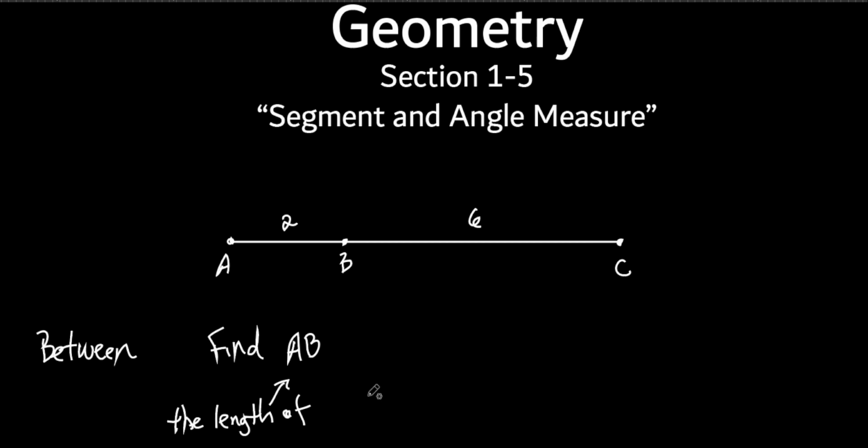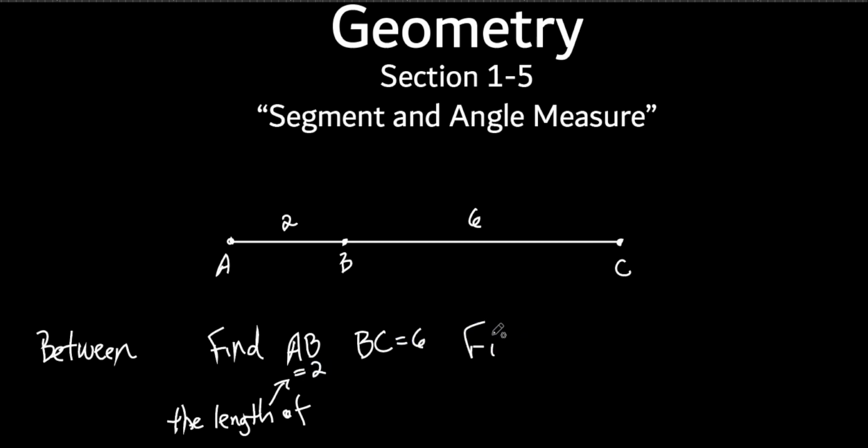So what if they said find the length of line segment BC? 6. It's a 6. I said it was a 6 when I wrote it. So the length of AB is 2. The length of BC is 6.